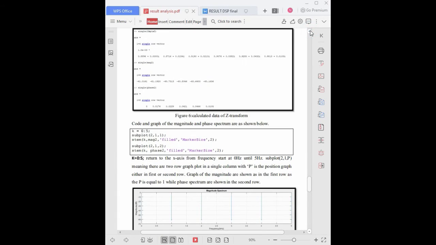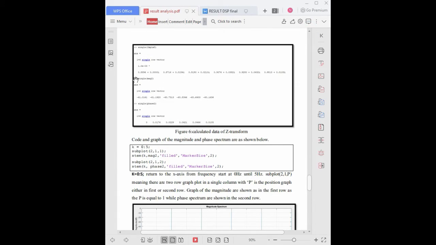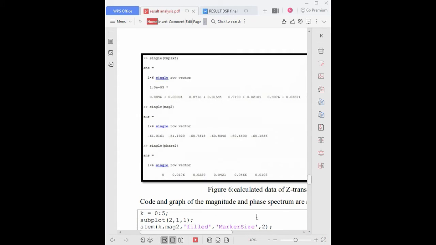By referring to the answer in the magnitude and the phase for 0 Hz, the magnitude is negative 91.0161 and the phase is 0. This is the answer.